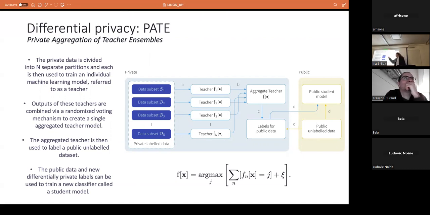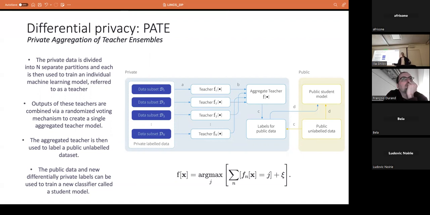Each data set is used to train a model, which is called a teacher. Then this combination of teachers is combined by a randomized mechanism: you add the sum of votes, add some noise, and take the argmax.